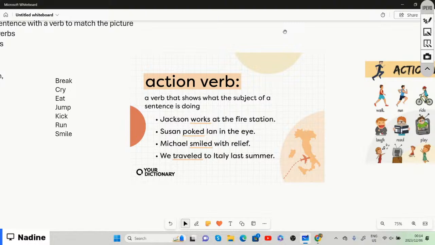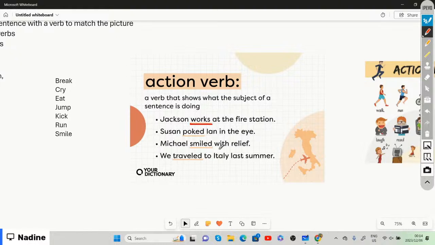Jackson works at the fire station. So if we look at the thing that Jackson does, if we try to figure out what Jackson does, we say Jackson works.